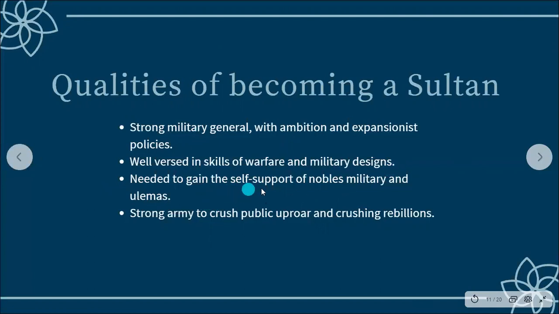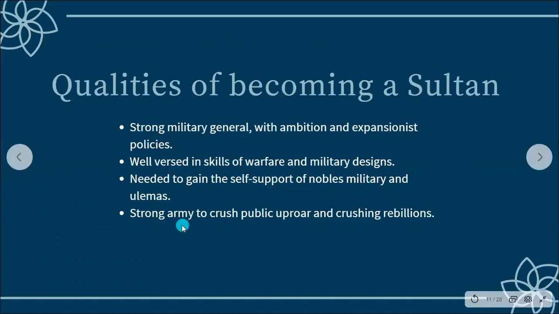And also you need to gain the support of nobles, military, as well as ulemas, right? This is very important, for the nobles to support the ruler, for the military to support the ruler, and for the ulemas to support the ruler. Razia was very good with the military, but she was not so good with the nobles, right?